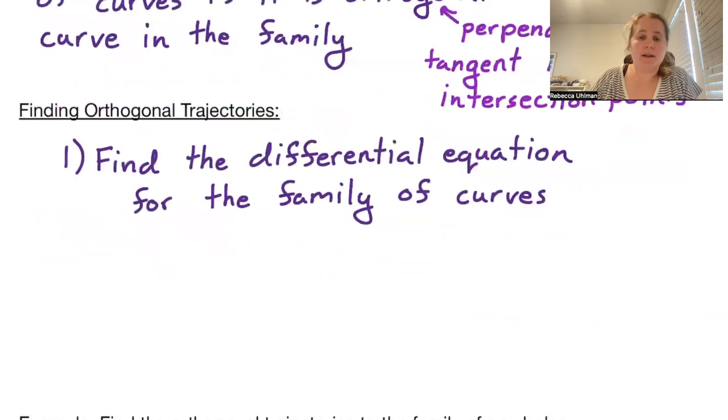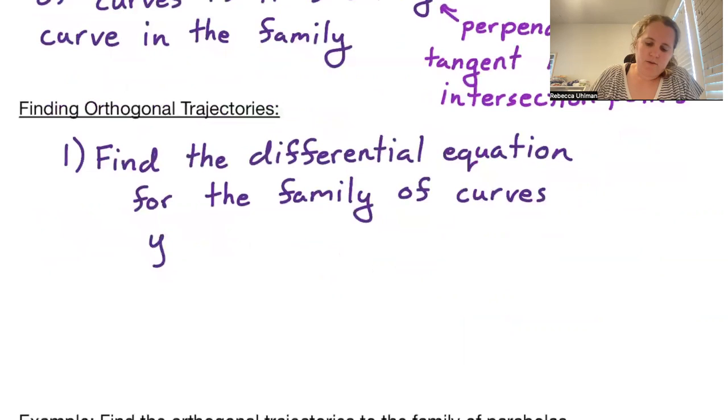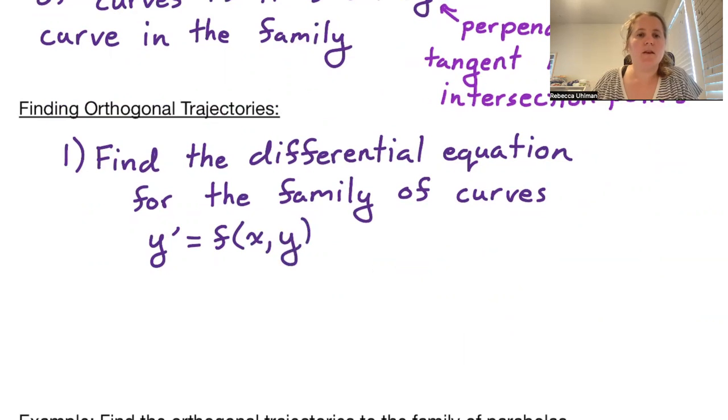You want to rewrite it as y prime equals some function f of x and y. Then you find the negative reciprocal slope for a perpendicular line.